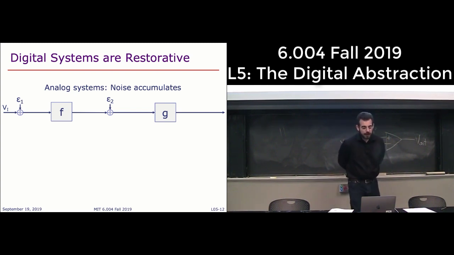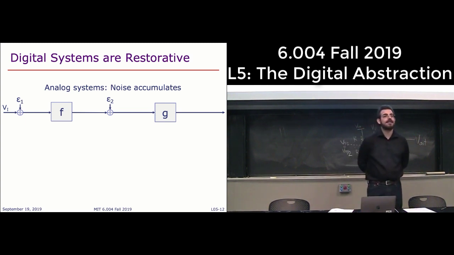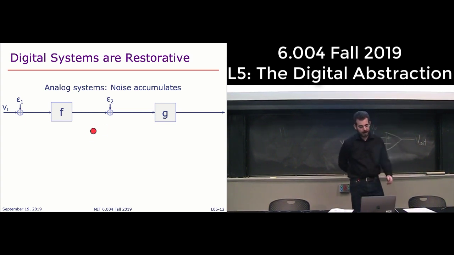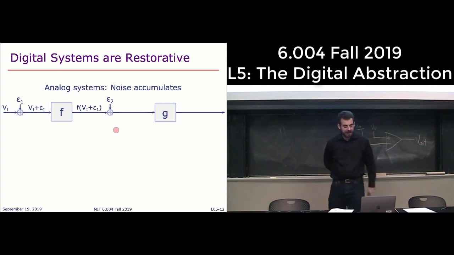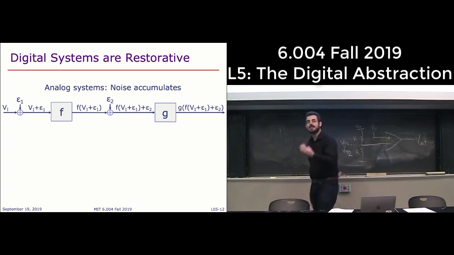So, we can see digital systems as being restorative. That means they're restoring the signal over time. In an analog system, you can have noise being injected at different points, and so the noise is going to accumulate. The analog system produces a function that depends on its input voltage and incorporates some noise term, then some other amount of noise accumulates here, then this second analog component will process it, and we'll get more noise in the output.